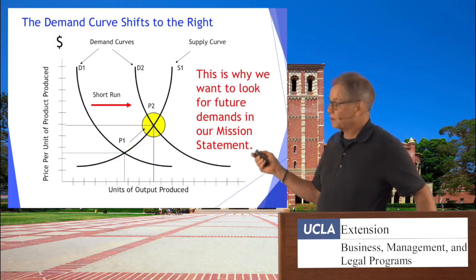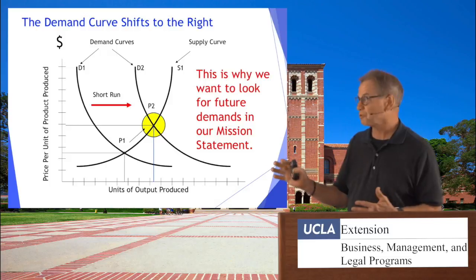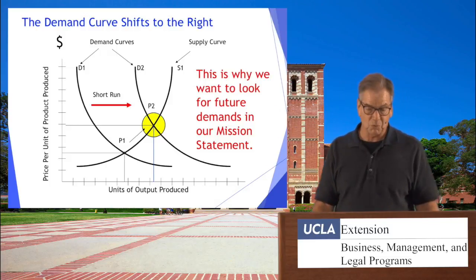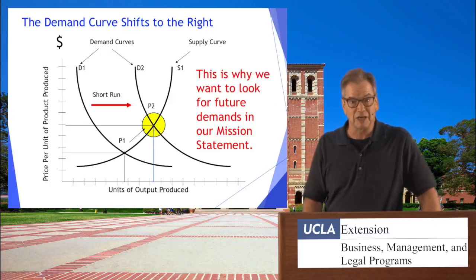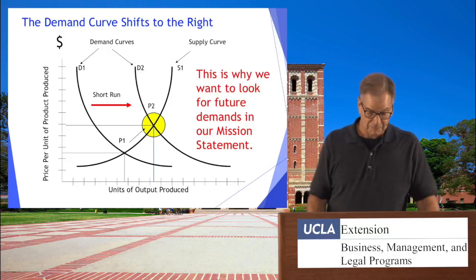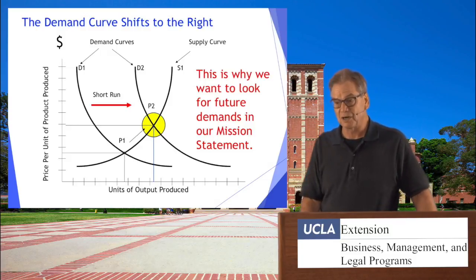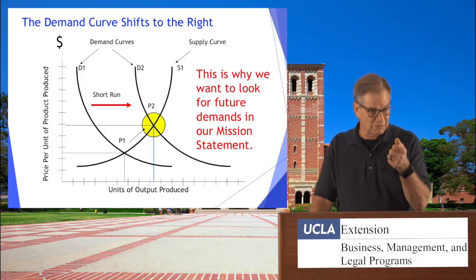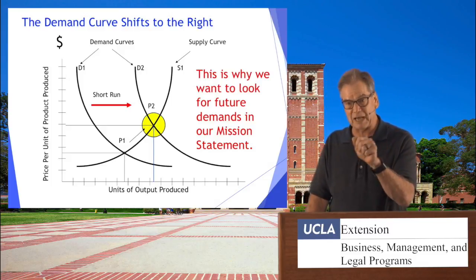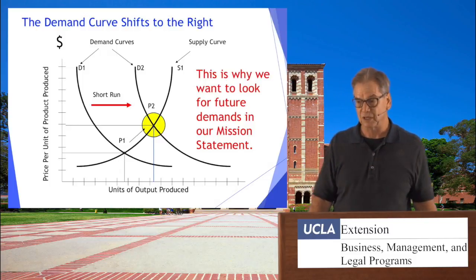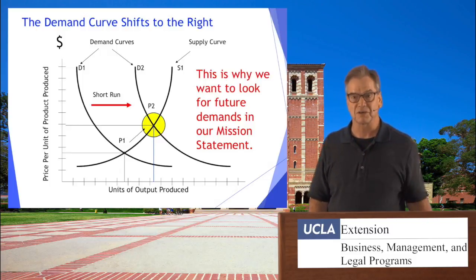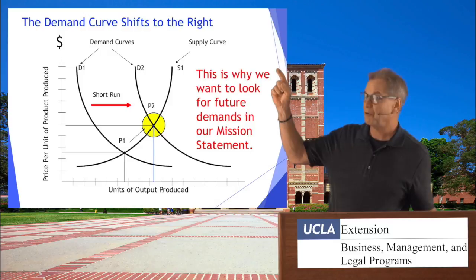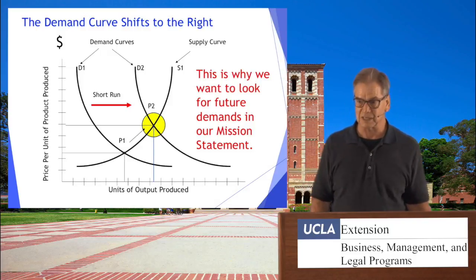And so when the demand curve shifts to the right and the supply curve stays static, this gets also back into Malcolm Gladwell's book, The Tipping Point. When we can do something that creates a demand by just tweaking something a little bit, and our competitor doesn't figure that out, we go, aha, we see a need, and the competitor doesn't see that.